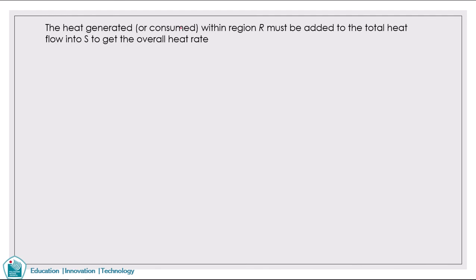The heat generated or consumed within region R, the heat generated q dot, must be added to the total heat flow into S to get the overall heat rate.